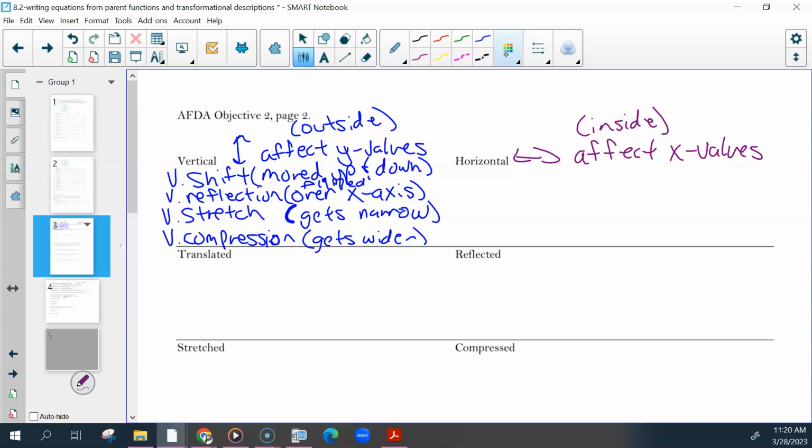We talked about horizontal shifts and how that moves left and right. We talked about horizontal reflections that flip over the y-axis.